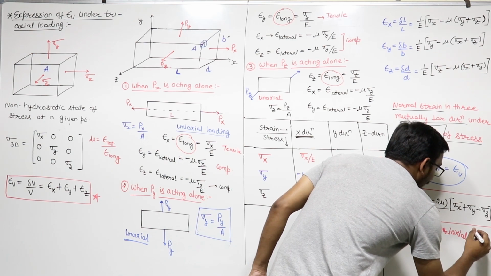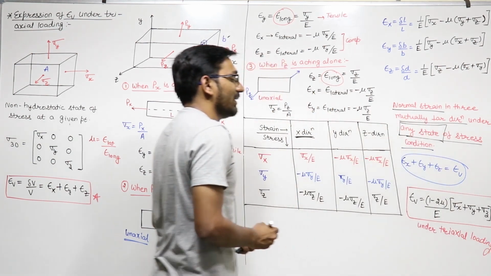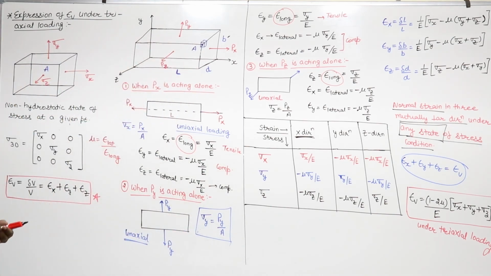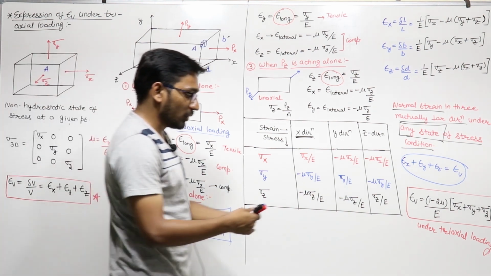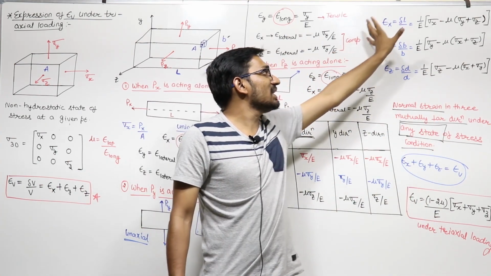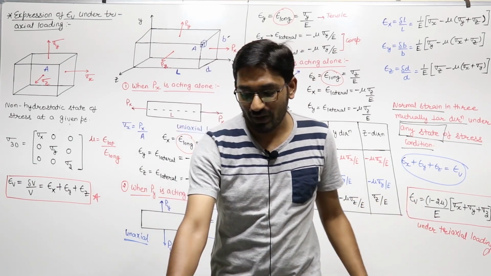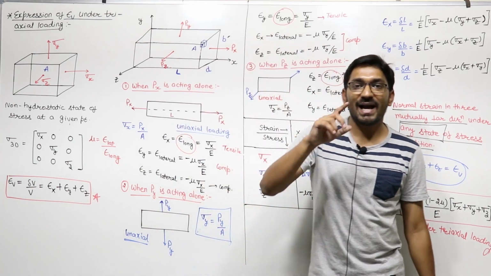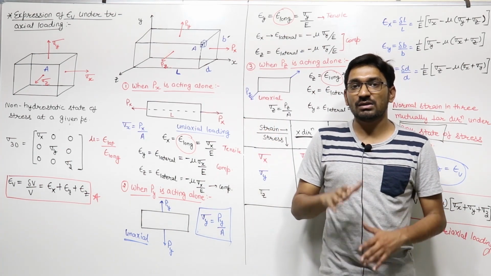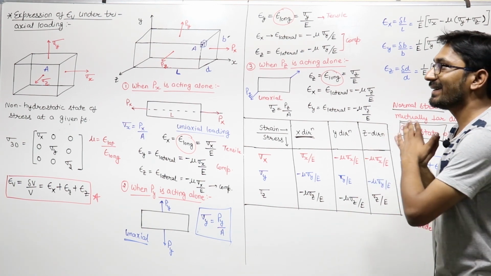This you have to learn. These are the strains in all the three directions, and this is the total volumetric strain, that is 1 minus 2 mu into sigma x plus sigma y plus sigma z upon E.